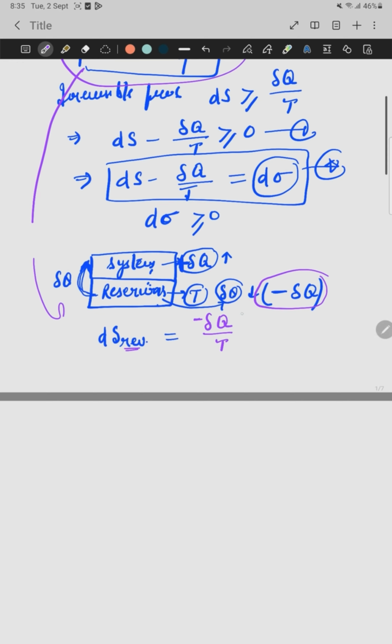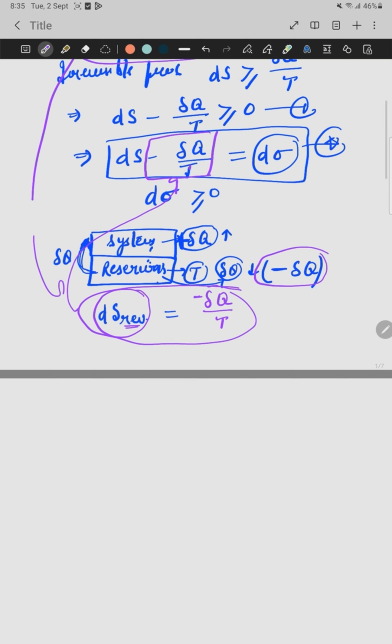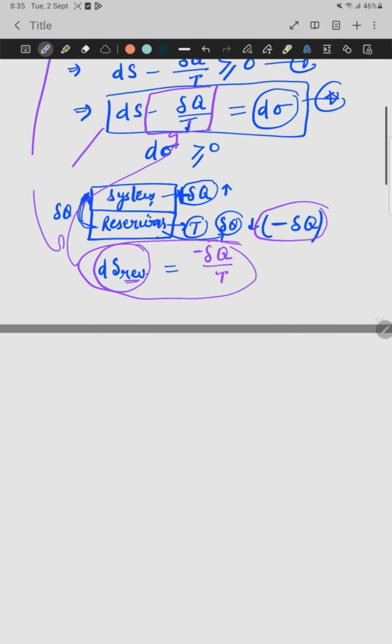If we put this expression into the equation, the second term, -đQ/T, can be replaced with dS of the reservoir. So this equation becomes dS + dS_reservoir = dτ.